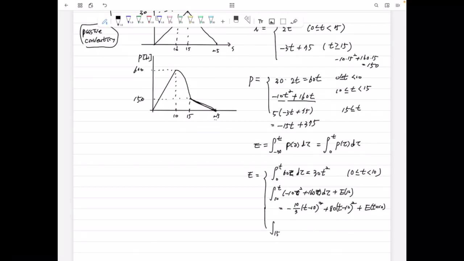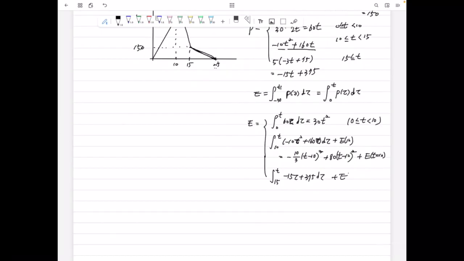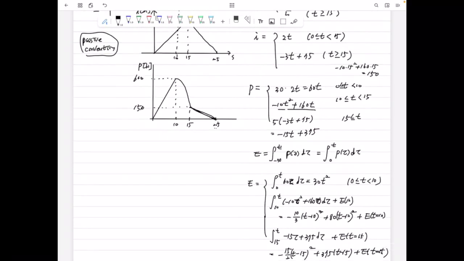And after 15 to t, there will be the integral of minus 15 tau plus 375 d tau, plus the energy at t equal 15. So that will be minus 15/2 times (t square minus 15 square) plus 375 times (t minus 15) plus the energy at t equal 15. So from here we can draw the power and the energy.